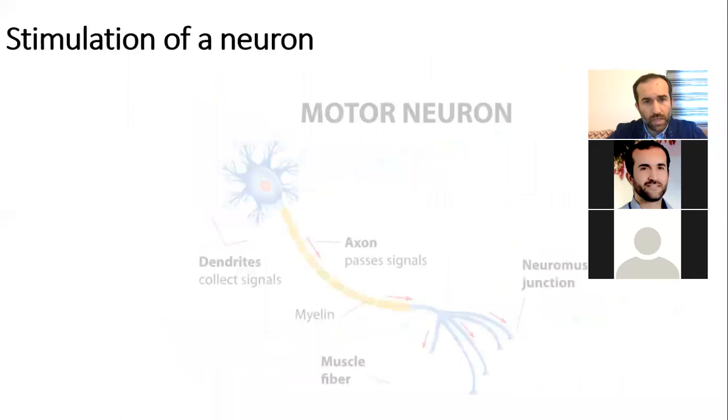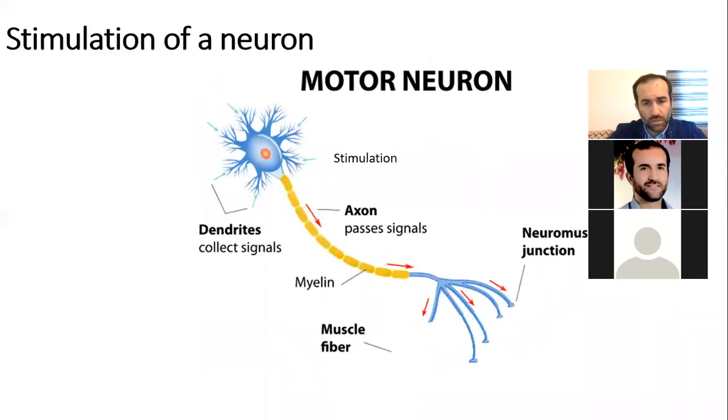Then you have to know that we are able to stimulate the neuron. And when you stimulate a neuron, you will obtain an action potential, a nerve message in the fiber that will be transmitted toward the nerve ending.